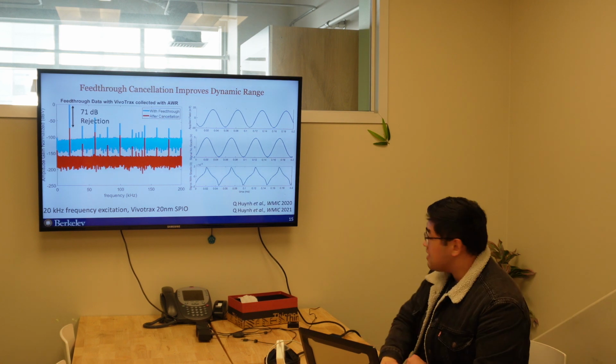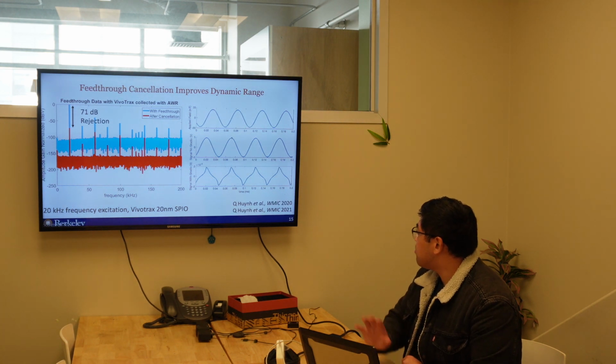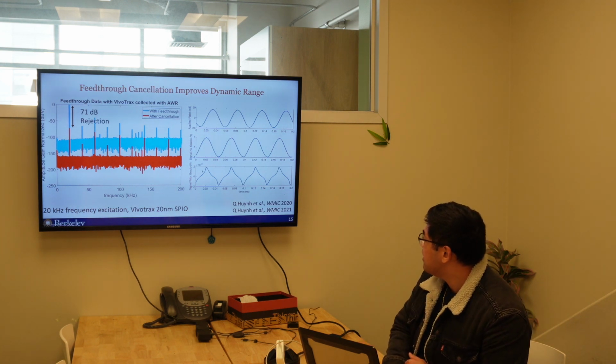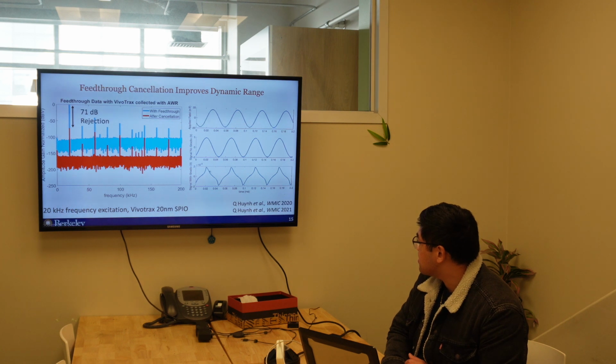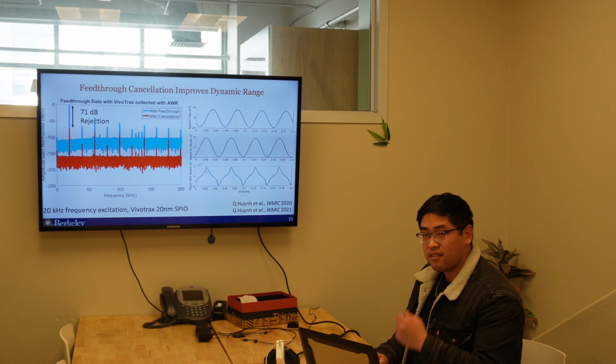And you may not be able to see it, but there are tiny blips on those crossover points where the particle signal actually lies. And so if we're able to reject that feed-through, we can expose our nanoparticle signal right here, which looks like a derivative of the Langevin curve.